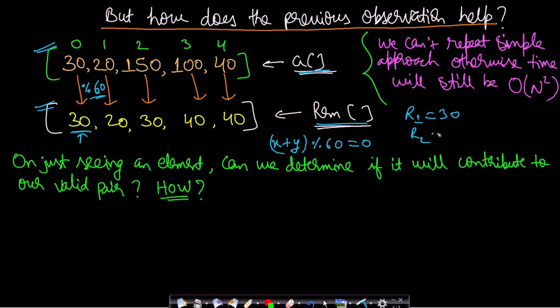Now you don't know r2, but your divisor value z is equal to 60. So if r1 is 30, you want r2 to be either minus 30 or 30, so that when you add r1 with r2, the value comes out to be either 0 or 60, right?